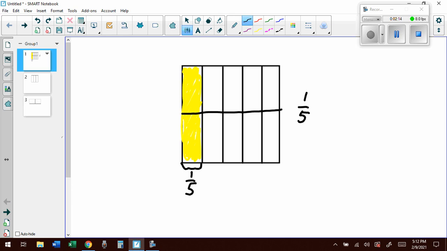Now, how many equal pieces do I have now? I have 1, 2, 3, 4, 5, 6, 7, 8, 9, 10. Did the amount of partitioned pieces change? Yes. We did have 5, now we have 10. It's doubled. But did the area that I shaded, did that ever change?